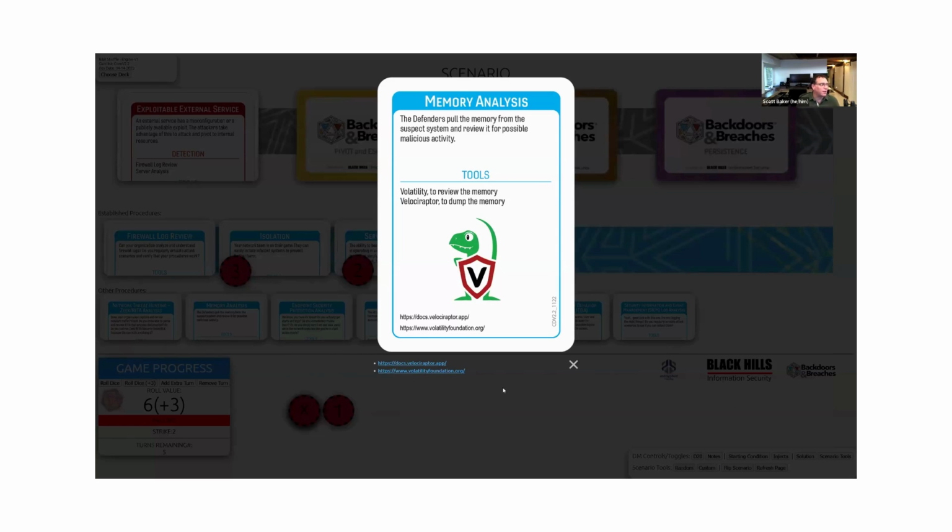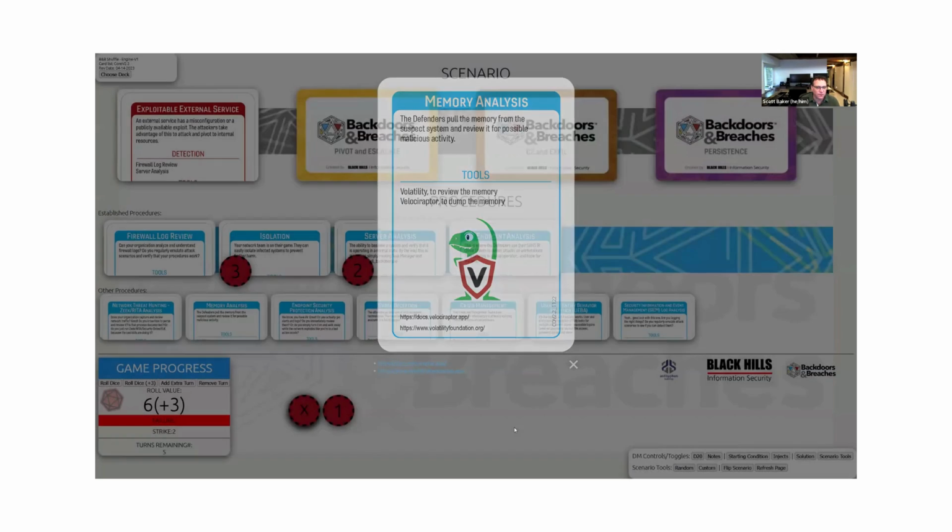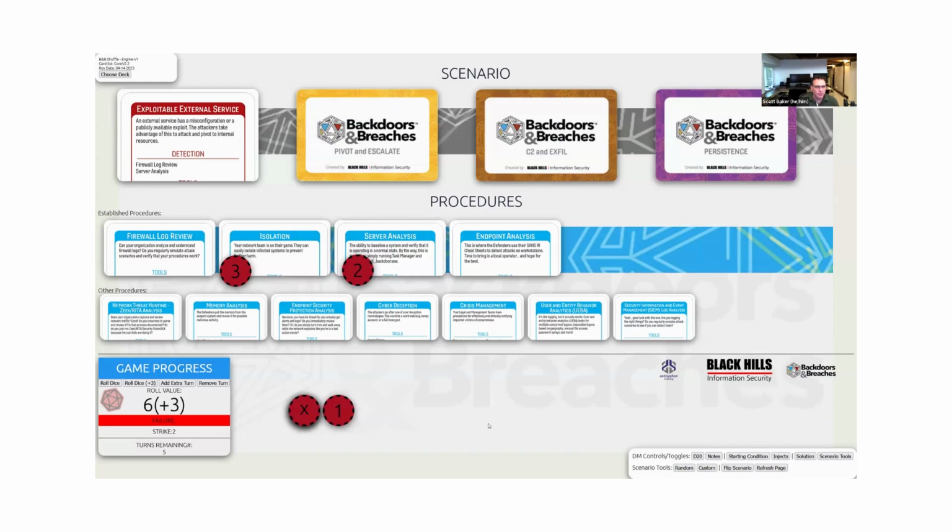So if you start looking at the disk, you won't see anything, but you have to look through the memory entirely. So that's the distinction between the memory analysis. The server analysis is more looking across the server, looking at what might be installed on it, configs, things that are running, but that you can also spot off the disk. It's the main difference. They're very closely related in a lot of respects.